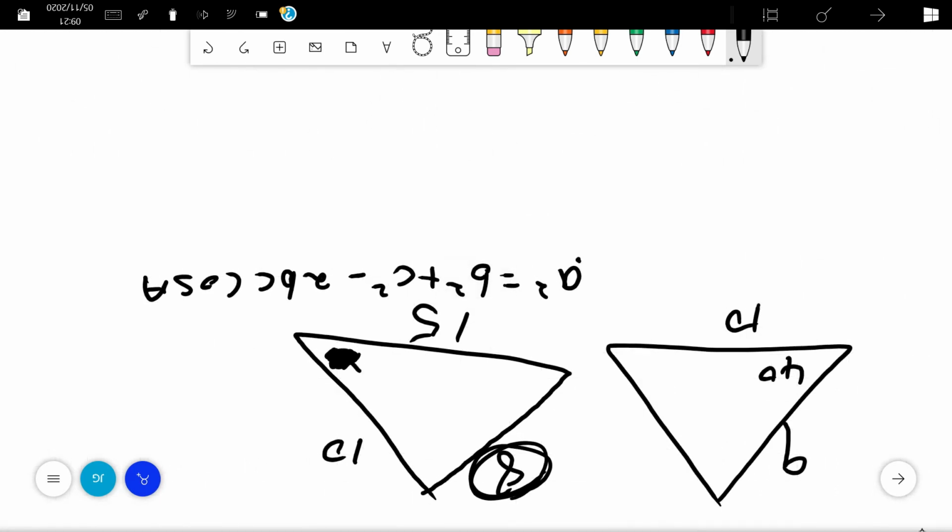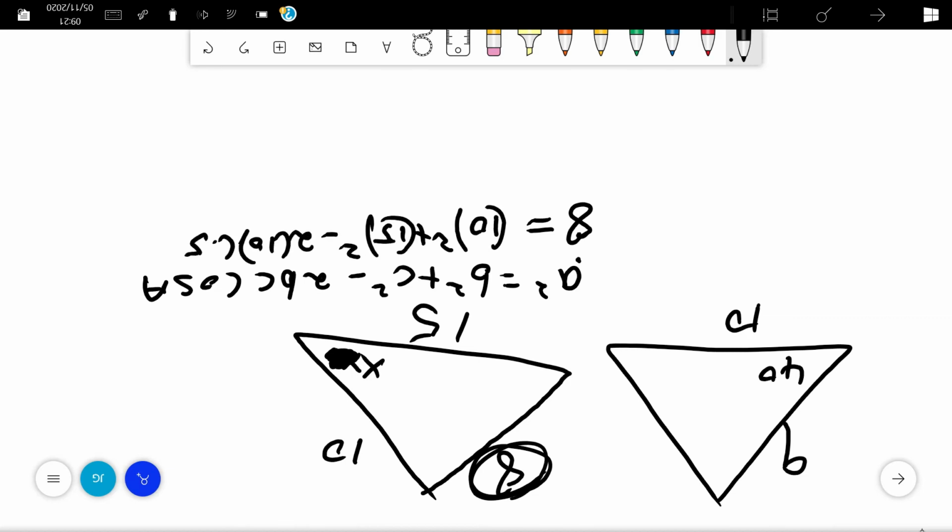So this particular formula will run like this: 8 squared is equal to 10 squared plus 15 squared minus twice 10 by 15 by the cosine of A. That's what that formula runs like.